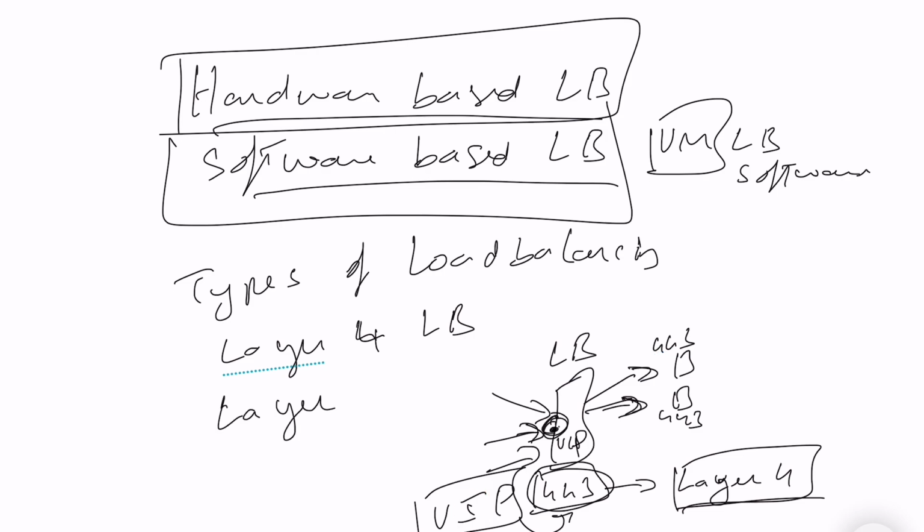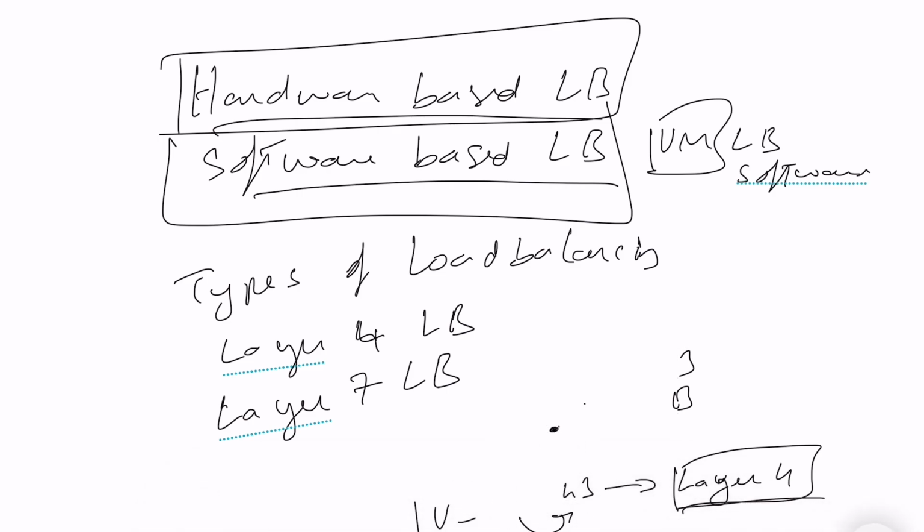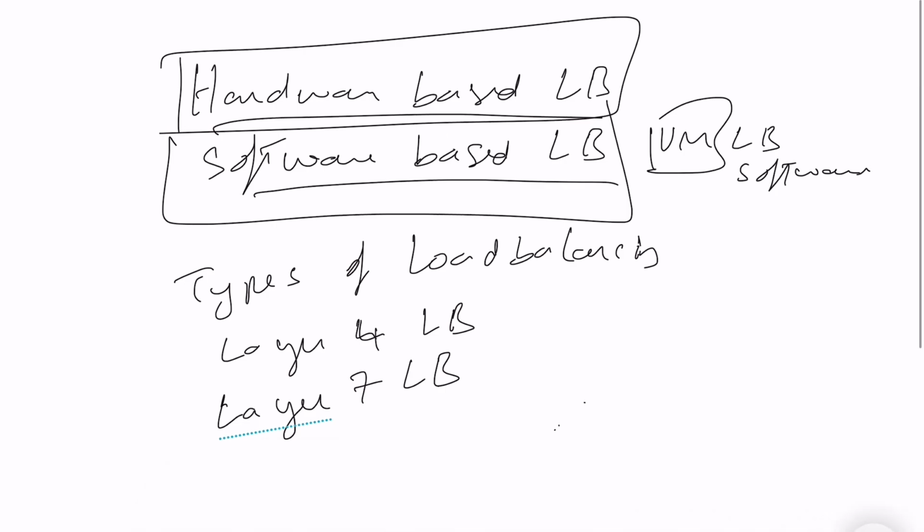The second type of load balancing is layer 7 load balancing, where, instead of just looking at the port number, the LB can actually read the request.